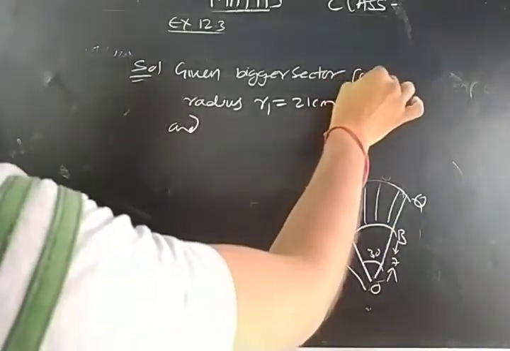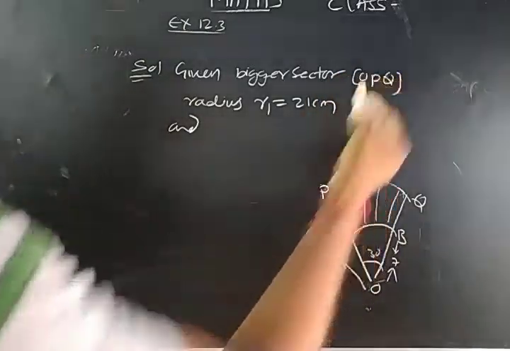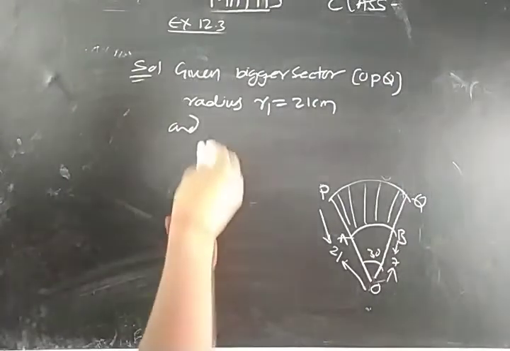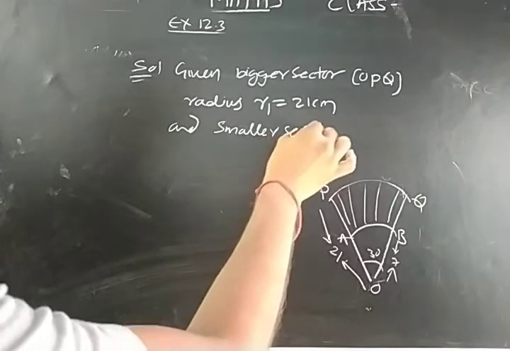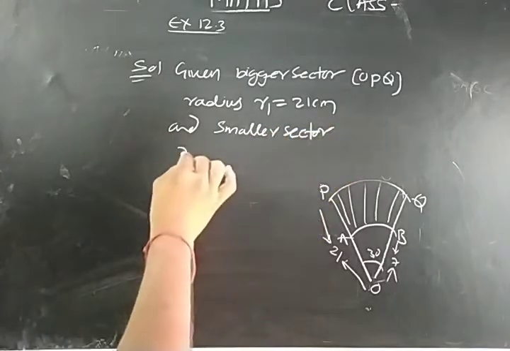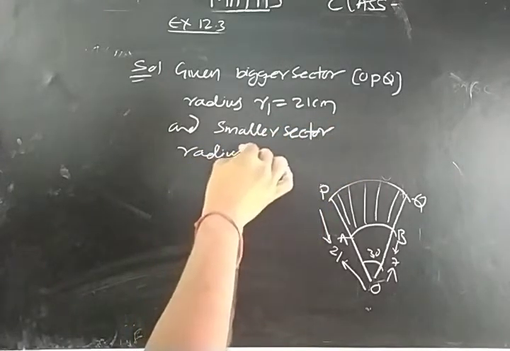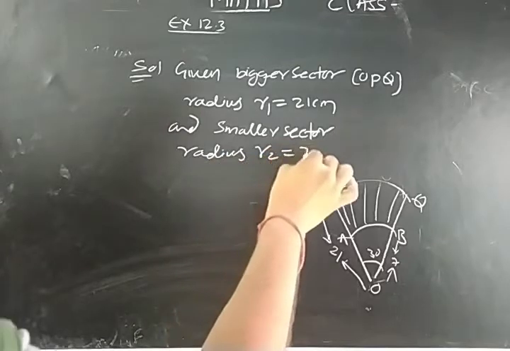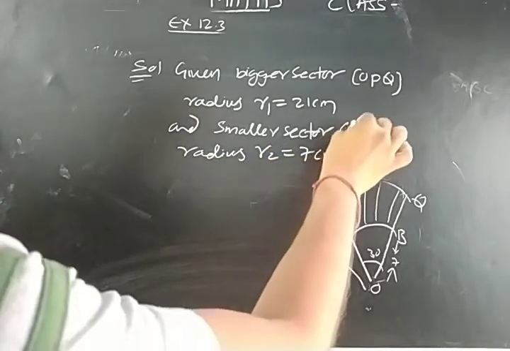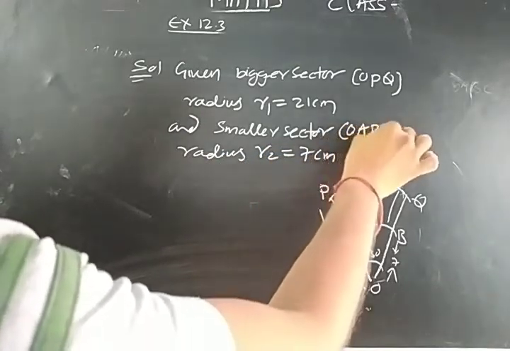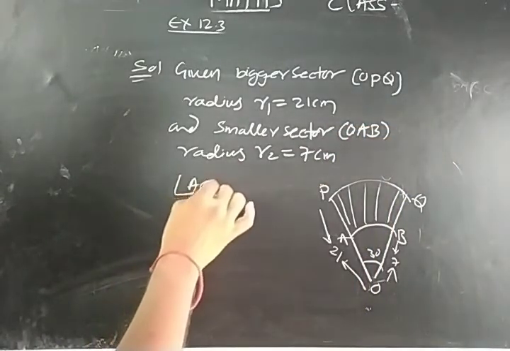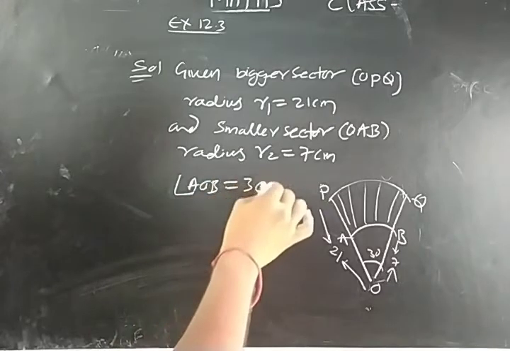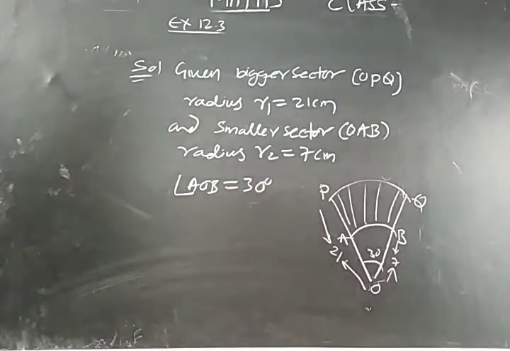Bigger sector OPQ, radius R1, and smaller sector radius I am taking as R2. R2 is 7 centimeters, and the smaller sector I am denoting by OAB. And given angle AOB is 30 degrees. This is the given information.